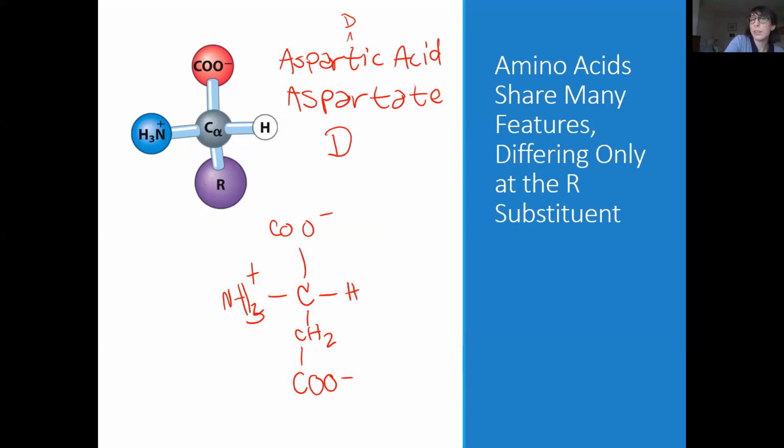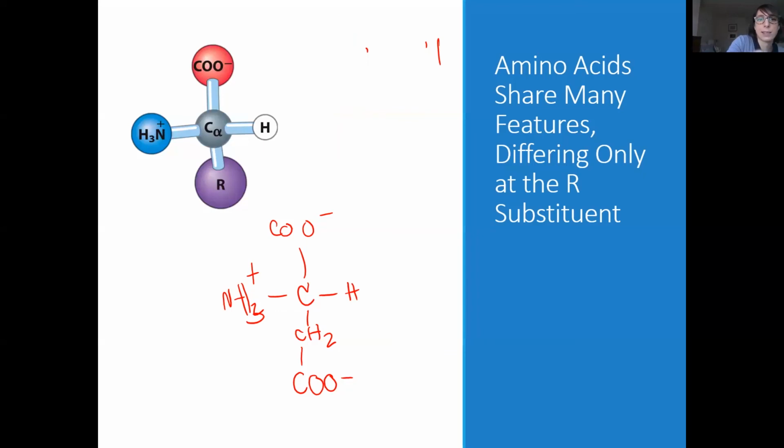And again, parallel to what we just saw in our polar ones, we saw glutamine, which, as I said, was kind of an elongated version of asparagine. We also have an amino acid called glutamic acid, or again, this can be written as glutamate.